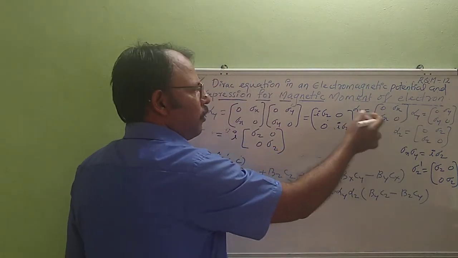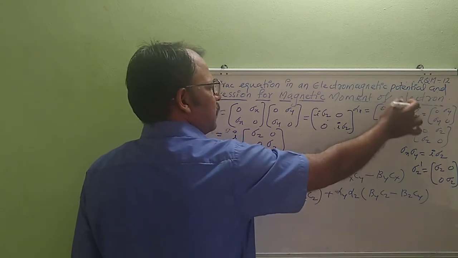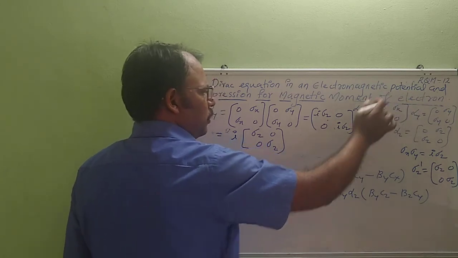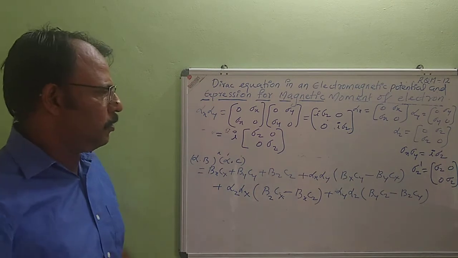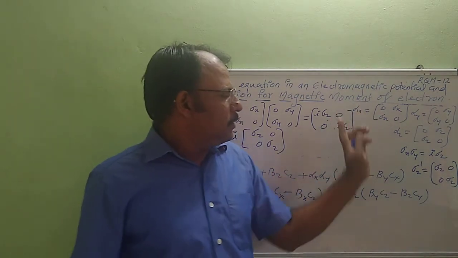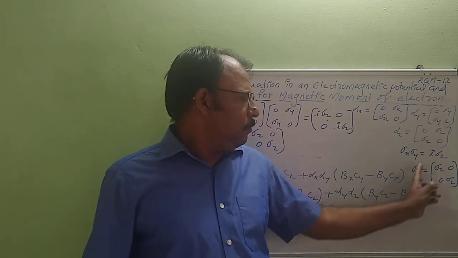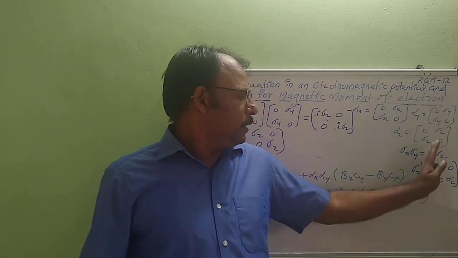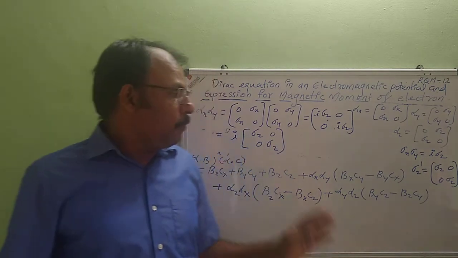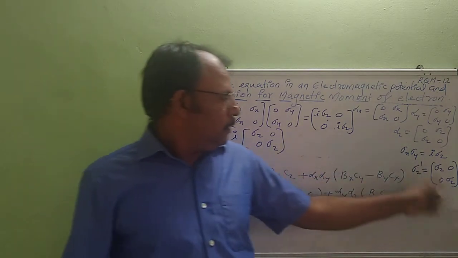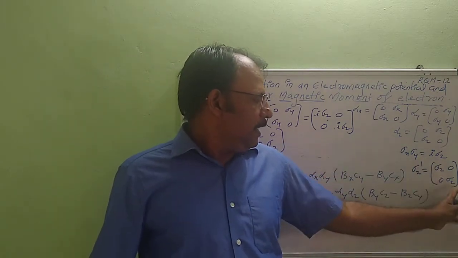Alpha x is a 4 by 4 matrix. Sigma x is 2 by 2, and these zeros are 2 by 2 matrices with all the elements 0. Just like that, sigma prime is also a 4 by 4 diagonal matrix.